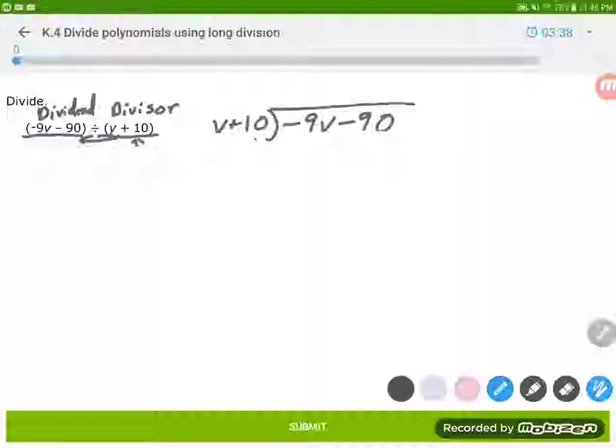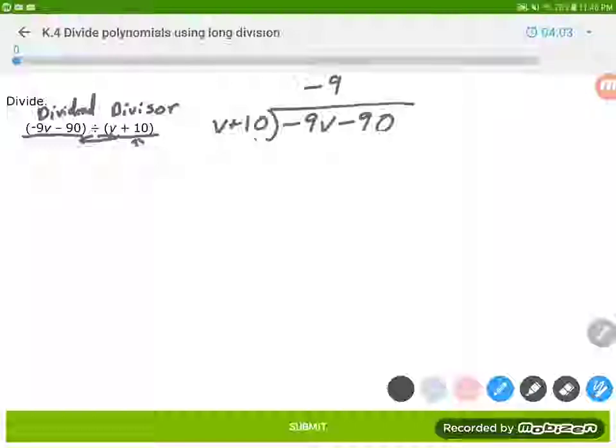The answer is just going to be negative 9. If that's hard to understand, think of it this way: what could we multiply v by to get negative 9v? Well, we could multiply v by negative 9 to get negative 9v. So negative 9 becomes our multiple that we keep track of.